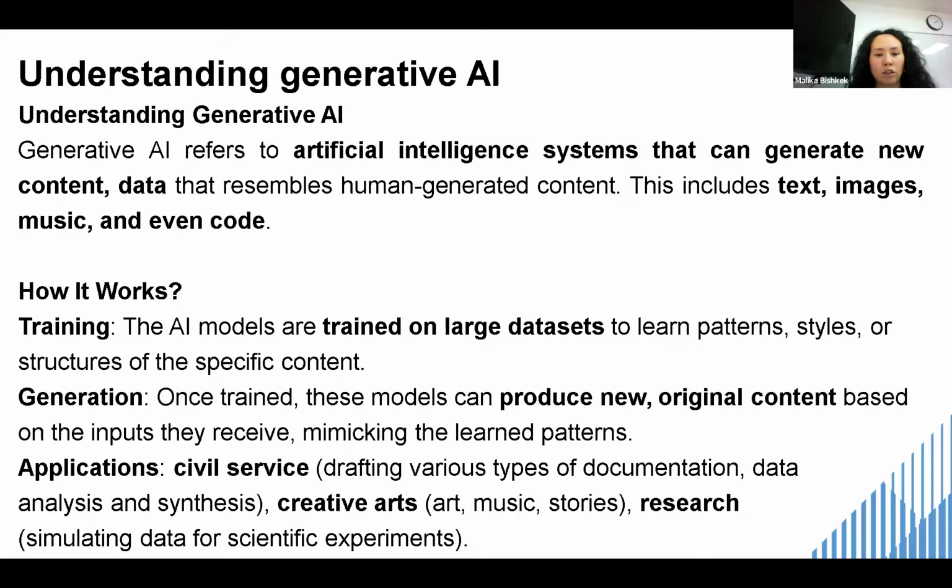And once trained, these models can produce new original content based on the inputs they receive, mimicking the learned patterns. And where can it be applied? In our civil service, we can draft various types of documentation, we can analyze data, we can make some art, maybe music, maybe stories, and it can also help us in our research.